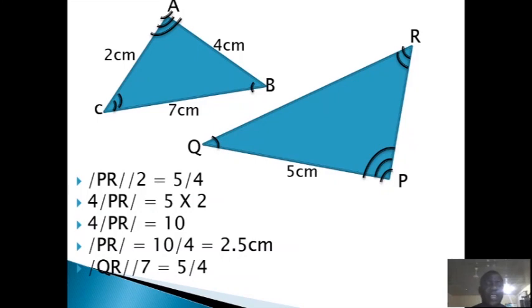So that means that we cross multiply, which means that 4 times PR is equal to 10. So divide both sides by 4, we will have 2.5. The other one also applies the same technique to get QR.